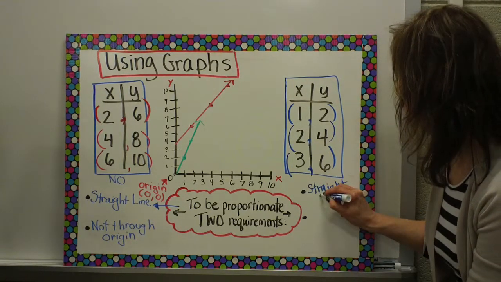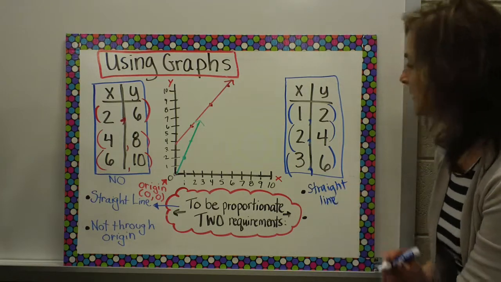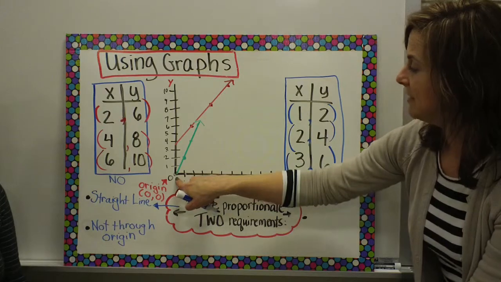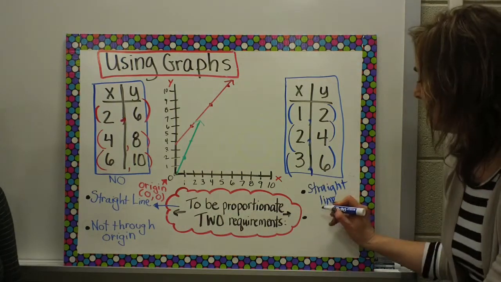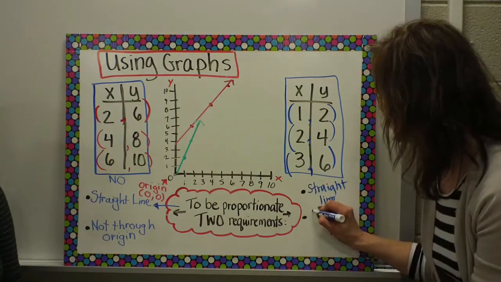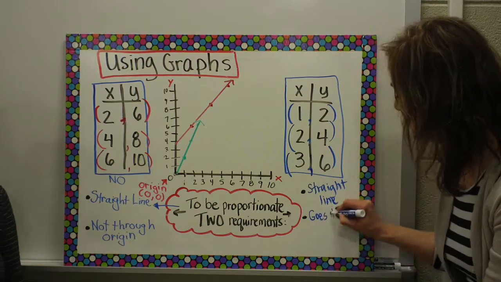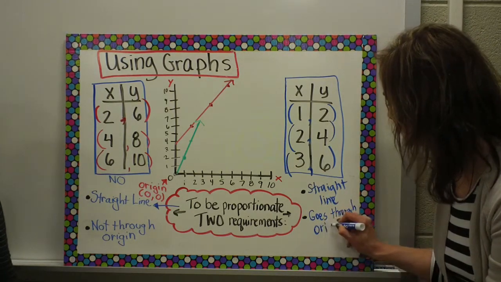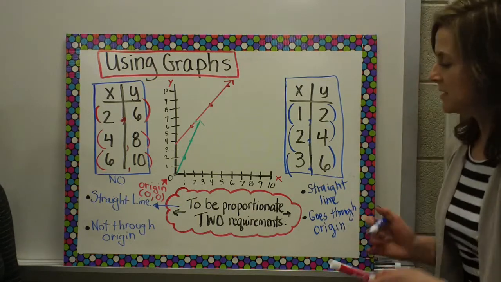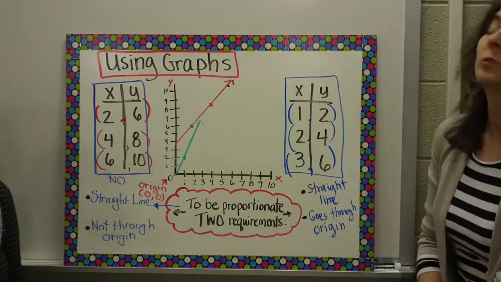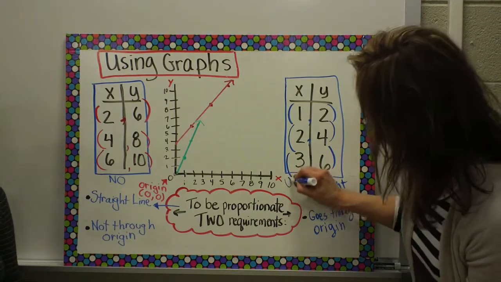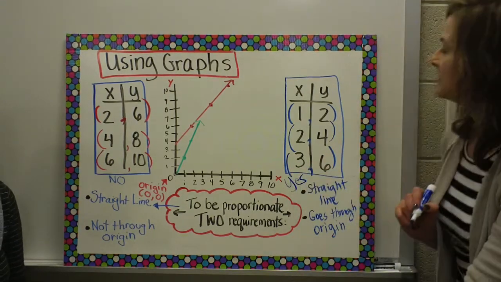Okay, cool beans. We've got one of the requirements. Second, we're noticing that indeed this goes through the origin. Because both requirements are filled, we would say yes to this table.